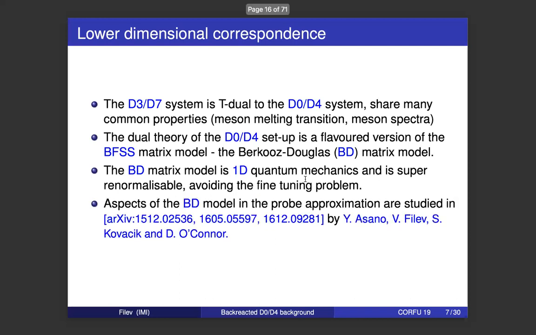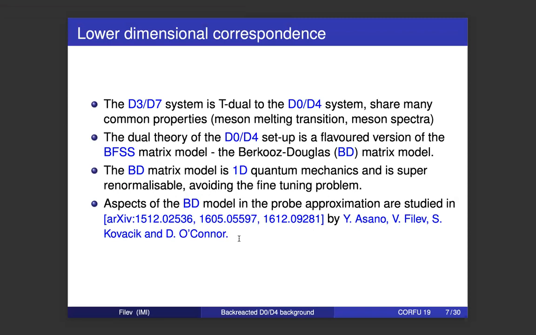And that we can actually simulate. So the Berkus-Douglas matrix model, we simulated it with Yuma and Denju in 2015. And Sam also joined, and we had some nice results.